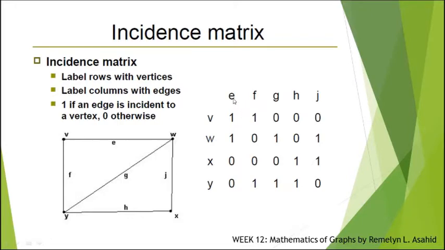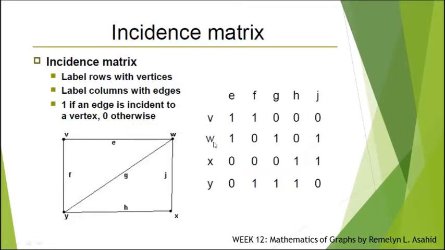So for edges E and F, the answer is 1, because they are incident. Whereas G, H, J are not connected. This is our G, this is our H, this is our J. So they are not incident, so 0 otherwise.